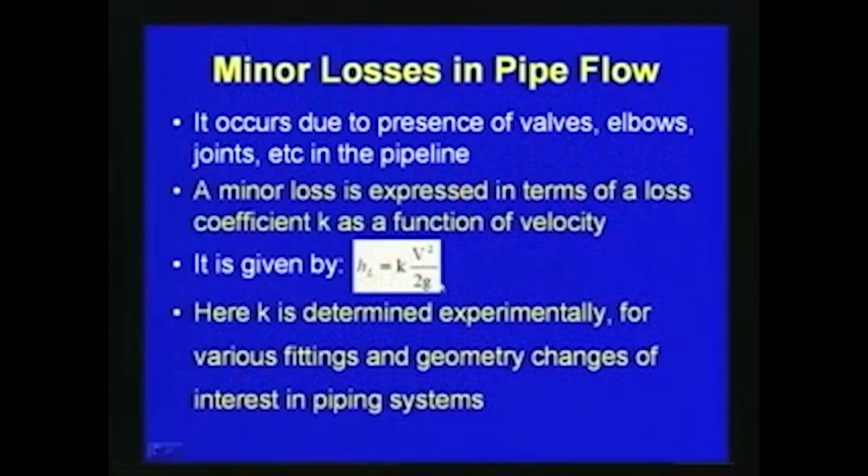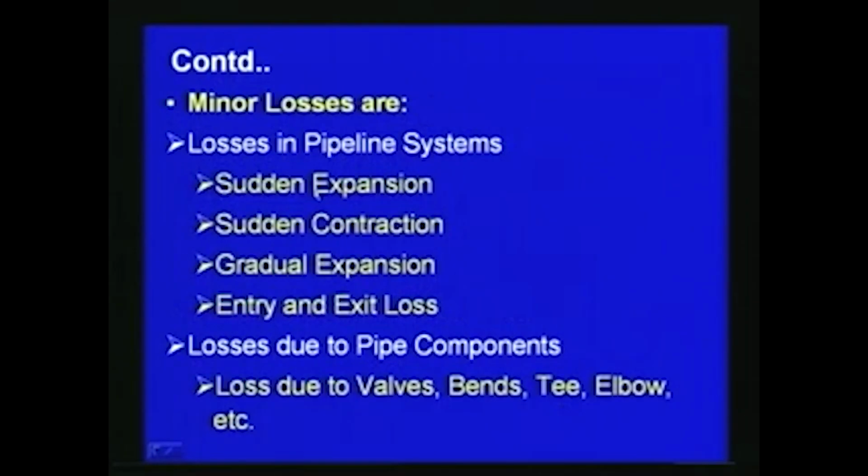Depending upon the conditions and the material used for pipe construction, we will have different values of this K. Either we can determine them through experiments, or sometimes the manufacturer may give the values. Now we will discuss various aspects of this minor loss with respect to the equation HL is equal to K into V square by 2G.